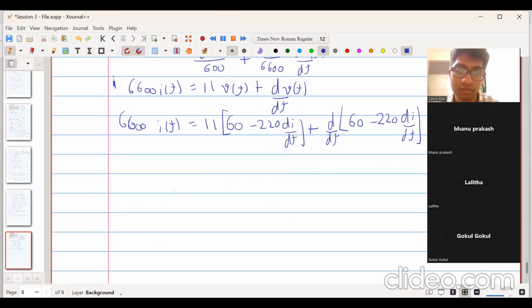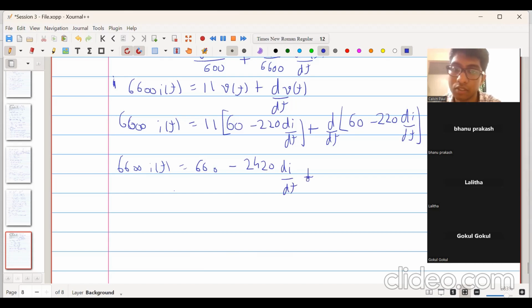Once we solve it, it becomes 6600 I of t. 11 into 60 is equal to 660. 660 minus 220 into 11, that is 2420 di by dt. Now the derivative of a constant is 0.